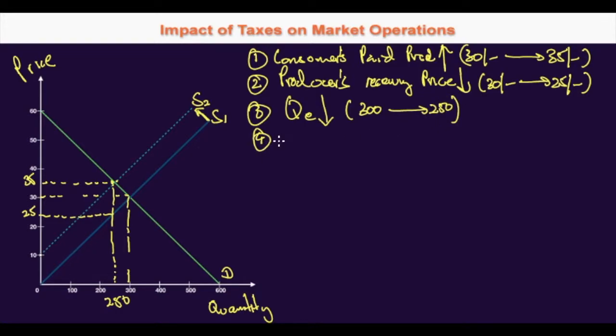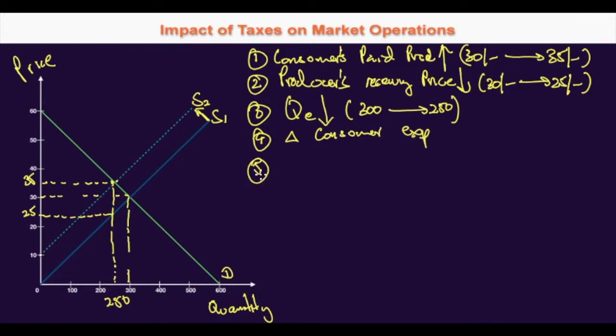And the fourth consequence is a change in consumers' expenditure. As you can see, the consumers were spending 30 rupees per unit for 300 units, which means 9,000 rupees. But now it is 35 rupees for 250 units. As we have solved, it is only 8,750. So there is a change in consumer expenditure.